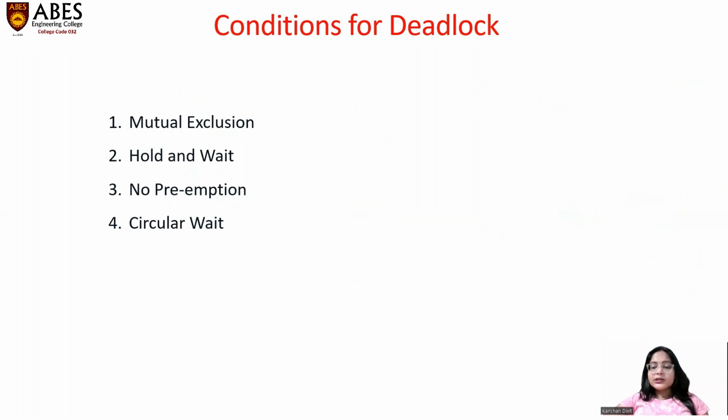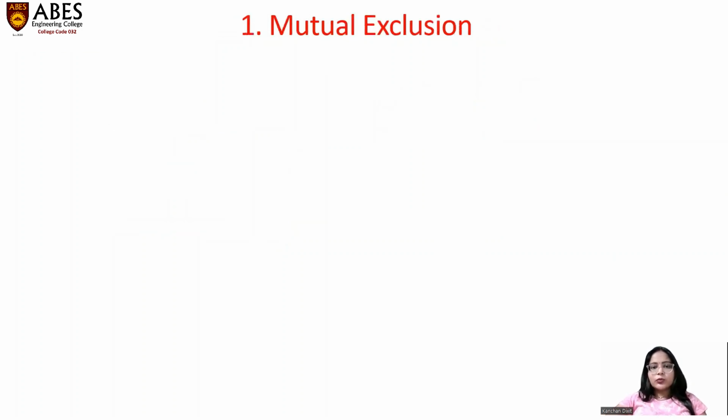Now, what are the conditions for deadlock? There are a total of four necessary conditions, and only when all of them are true can we say there is a deadlock. First is mutual exclusion. In mutual exclusion, there are some non-shareable resources, so at a time only a single process can use the single resource.